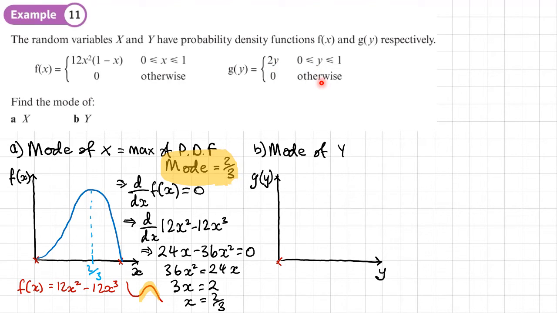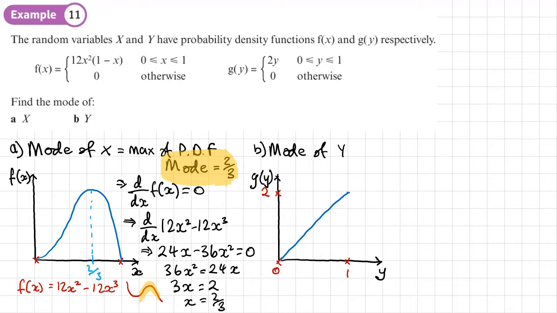And then at the other end, where we've got y equal to 1, g of y is going to be 2. So we'll put those points in: 0 here, we'll make this point 1, and here we'll make this point 2. Then we can just draw our line in, which is going to go up to that point there. So we're going to have something like that.